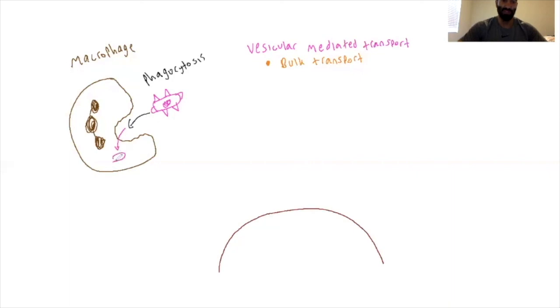What it's going to do here is it's going to use a series of digestive enzymes called lysozyme, and then it's going to degrade this pathogen into more or less just small particles. Then to get those particles out, it's going to do a reverse process called exocytosis to exit.